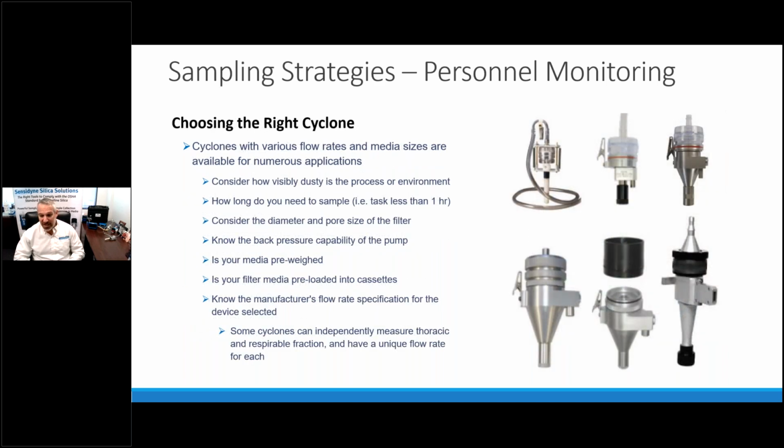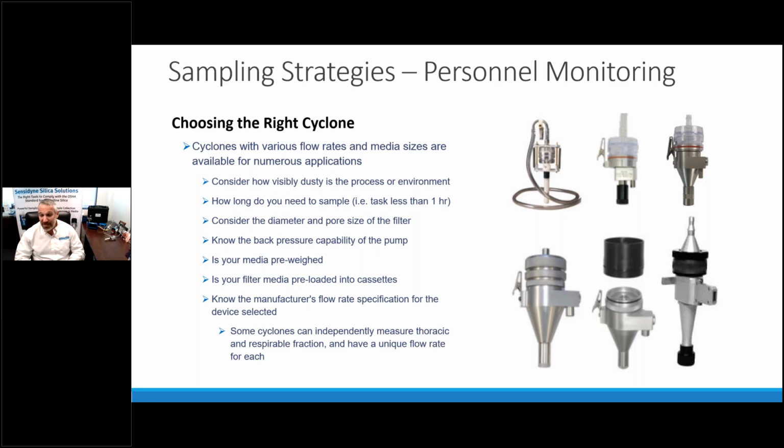So here are some things to consider when choosing a cyclone. There's cyclones with various flow rates and media sizes. Most commonly, we're using 37 millimeter filter cassettes. Typically for this type of analysis, we want to have pre-weighed or matched weight filter cassettes. But things we want to consider are, how visibly dusty is the process or the environment that we're collecting in.